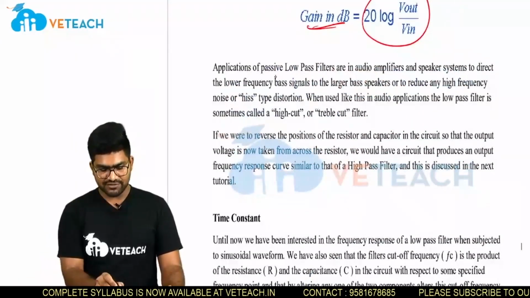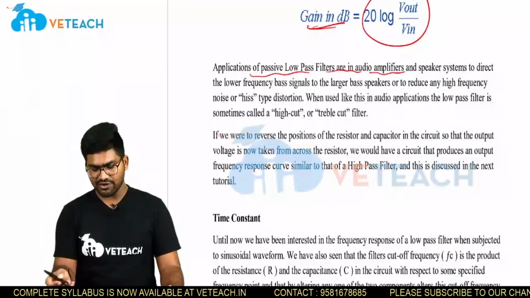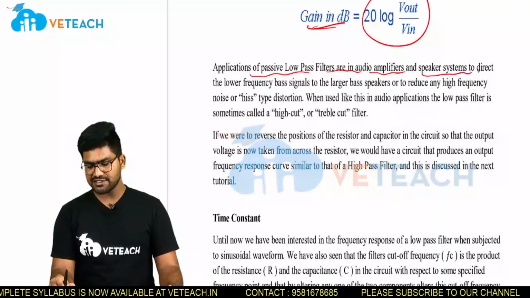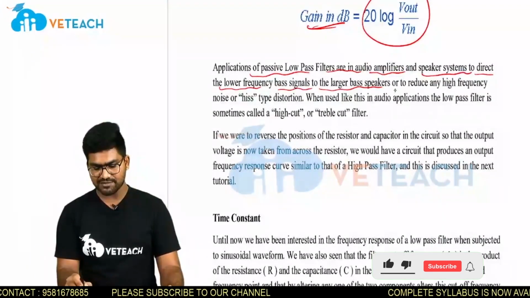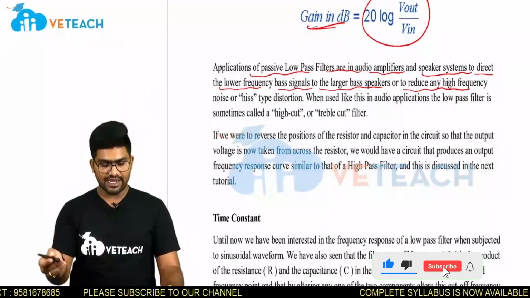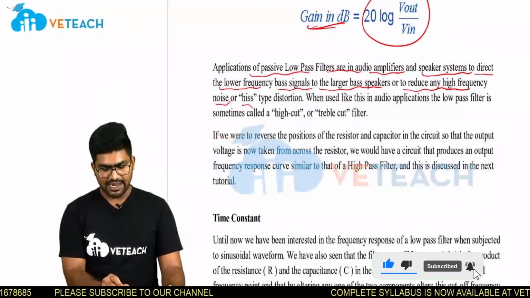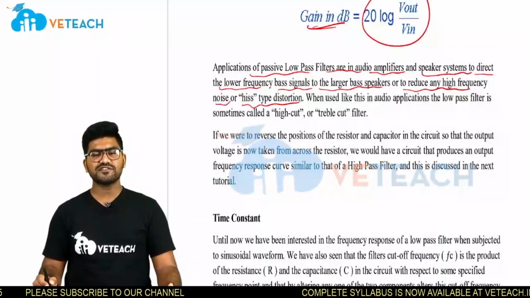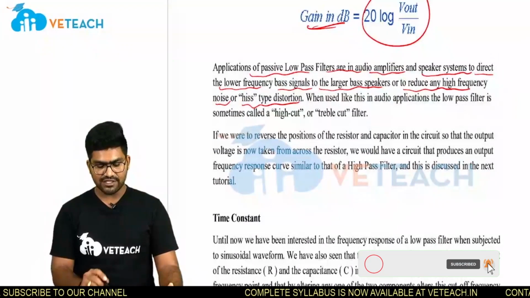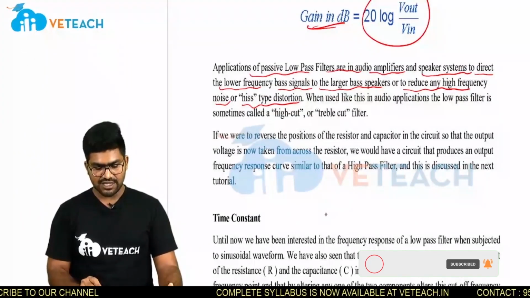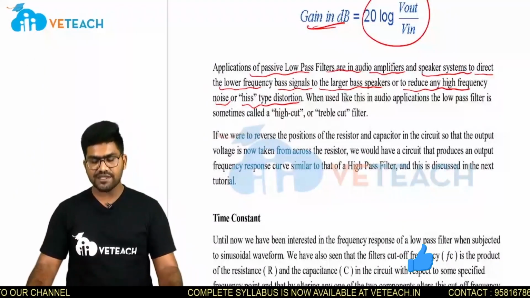Applications of passive filters are in audio amplifiers and speaker systems to direct the lower frequency bass signal to the larger bass speakers or to reduce any high frequency noise or high frequency distortion. So a low pass filter we can use to remove noise or high frequency distortion and direct bass to the large bass speakers.